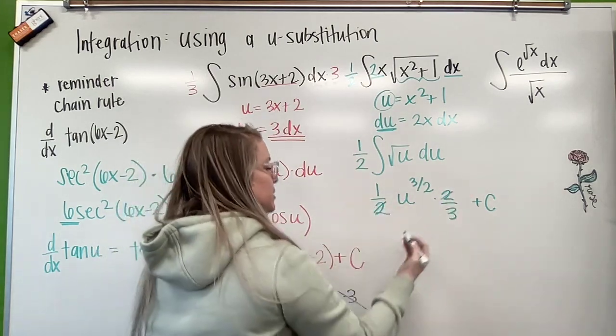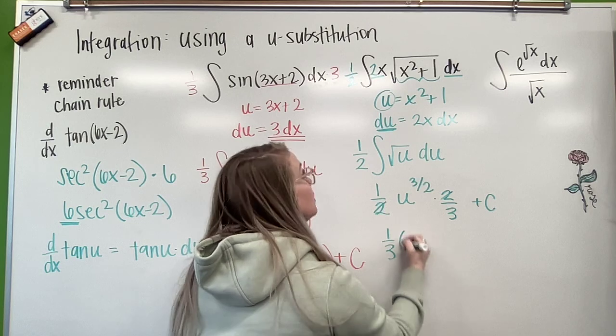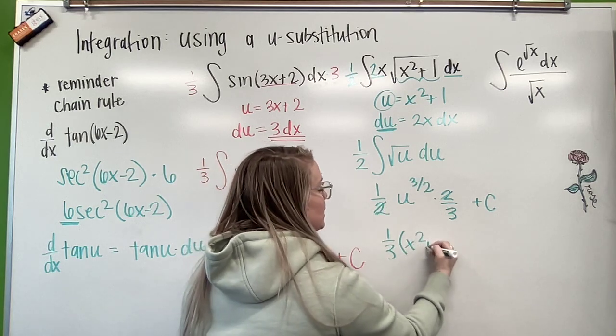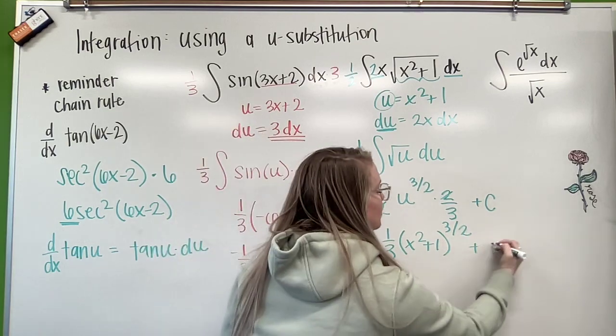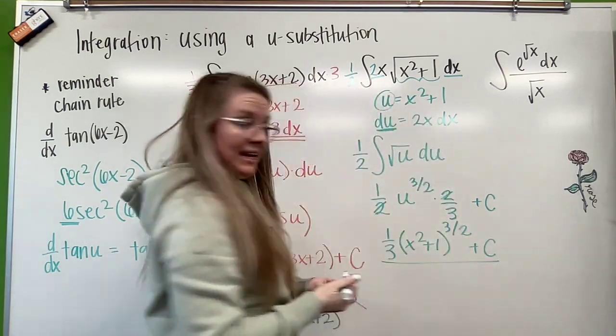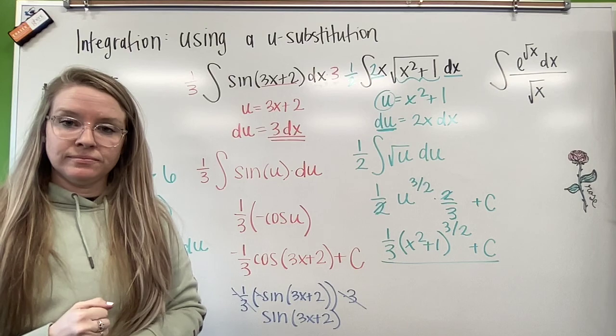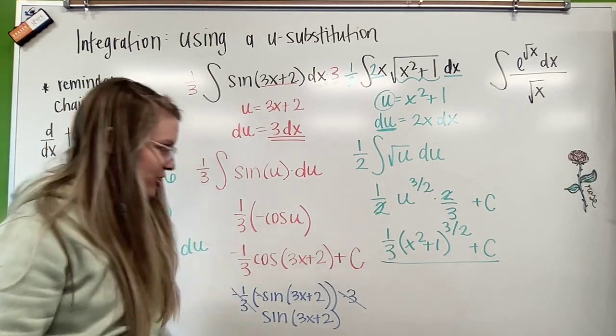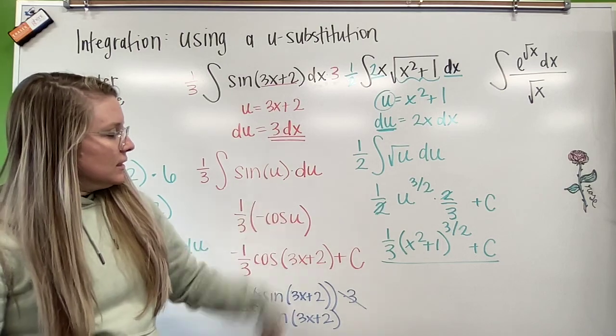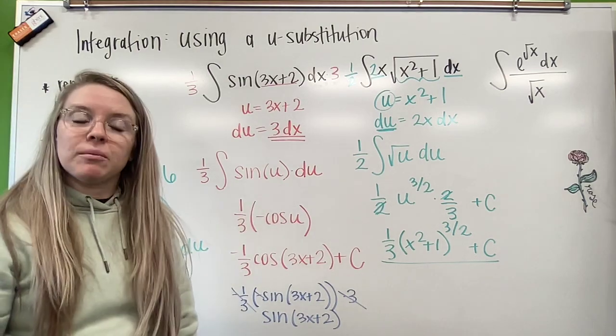So my 2's are going to reduce, so I've got 1/3. Substitute back in my x squared plus 1 to the 3/2. And there is my antiderivative. Take the derivative, check, make sure it looks good, make sure it works. And I'm okay with what I'm looking at.